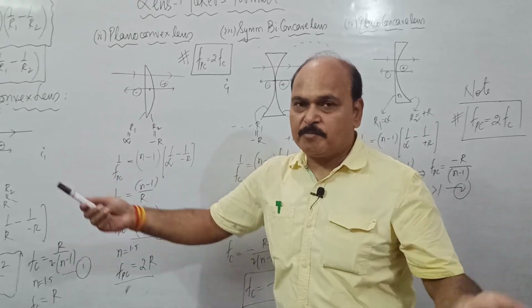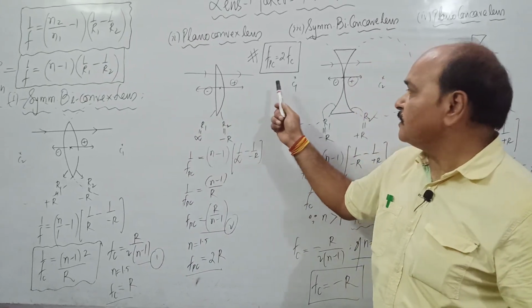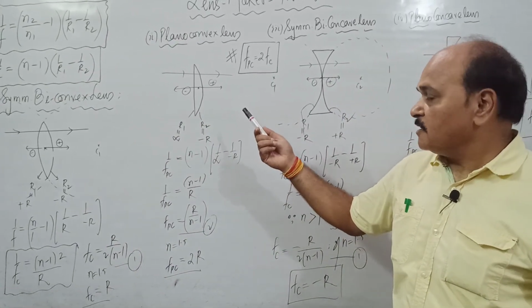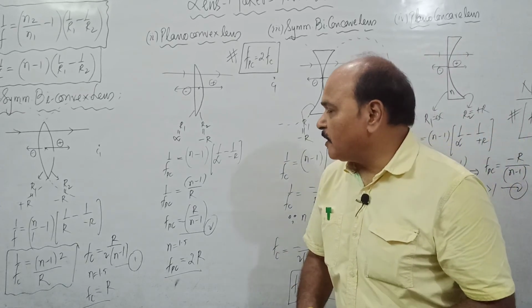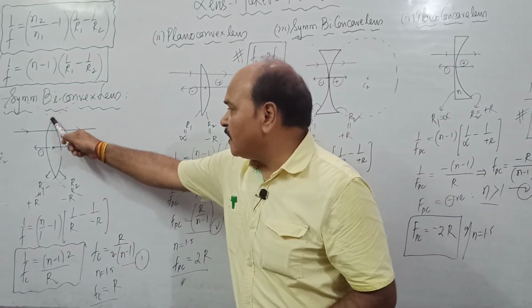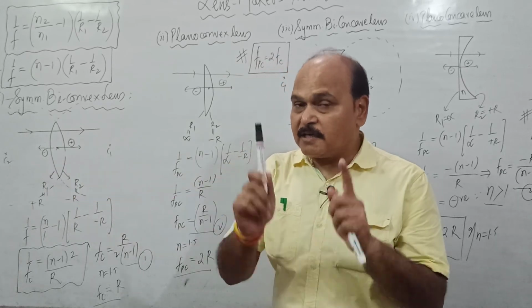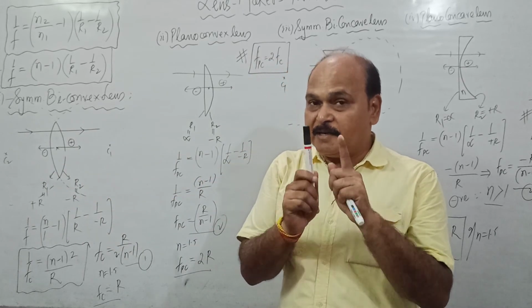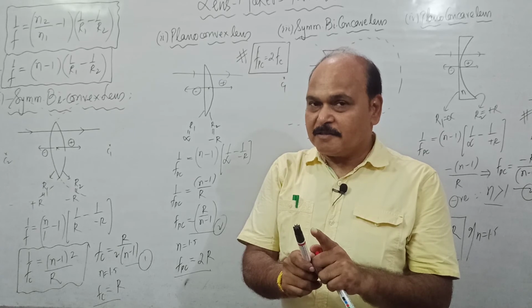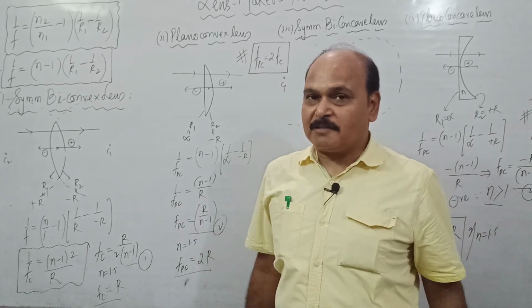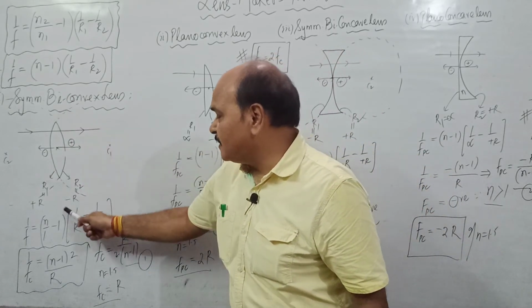There is also an application based question over this result, and the question is asked like this: if we cut a symmetrical biconvex lens into two halves such that each half is an independent plano convex lens, what is the effect on its focal length? If the lens is cut like this, what happens?